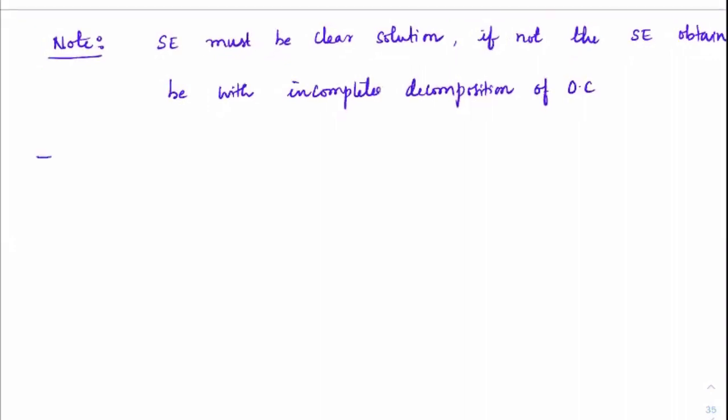this sodium extract is generally basic in nature, because we are using sulfur, oxygen, halides. Got it? All of them are conjugate bases, right?